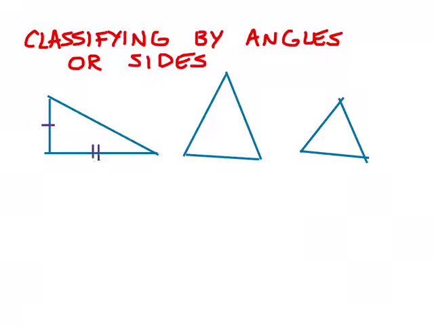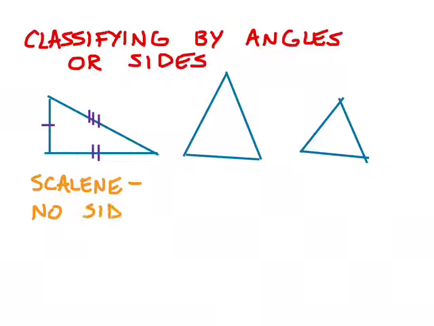Then you've got this side, which is a little bit longer, and then this third side here is again a completely different length. This is going to be an example of what we call a scalene triangle. A scalene triangle has no sides the same.